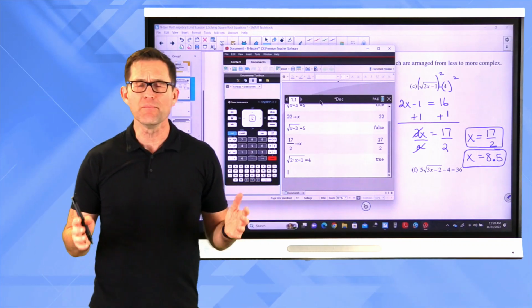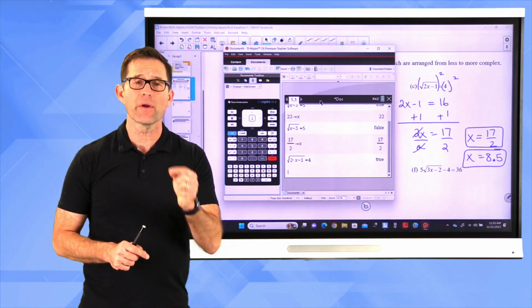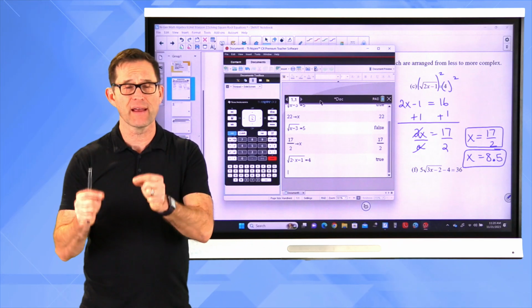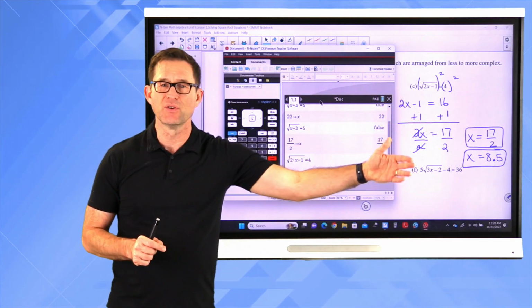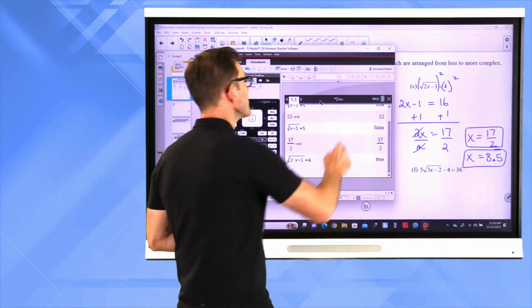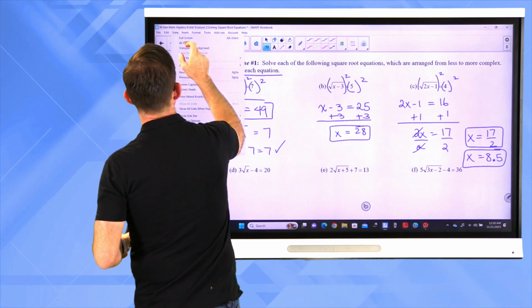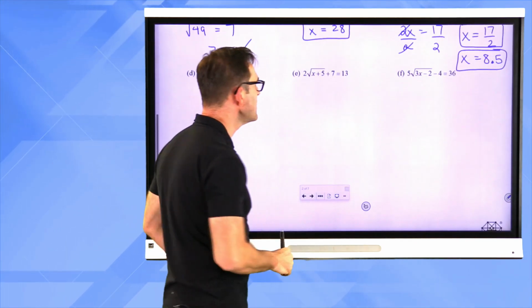It's one of the great, beautiful things about modern graphing calculators that it is very easy to check most answers to your equations without having to back substitute them in and see if the left-hand side's equal to the right-hand side.